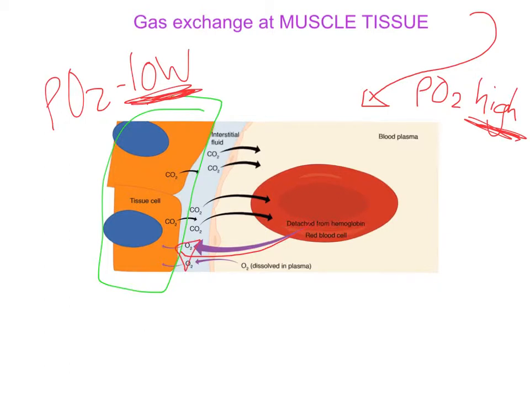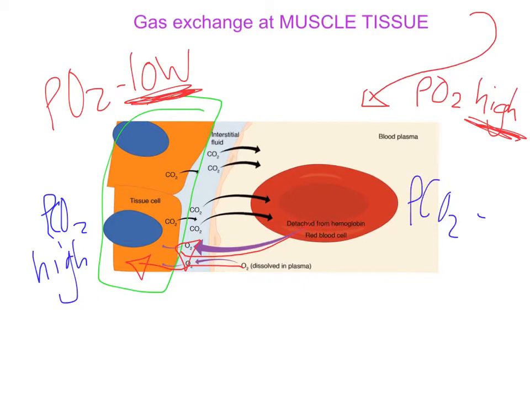Is this what we want? Of course it is. A common sense answer is a good check that we get oxygen diffusing from the blood into the muscle tissue. At the same time, these muscles are creating carbon dioxide, so the pressure of carbon dioxide is really high. And obviously, because the blood is oxygenated, the pressure of carbon dioxide in the blood is really low.